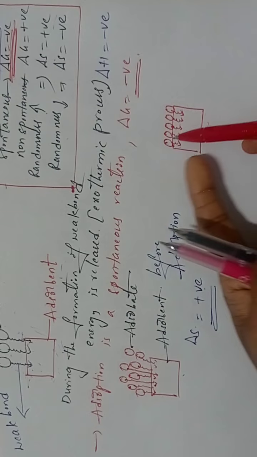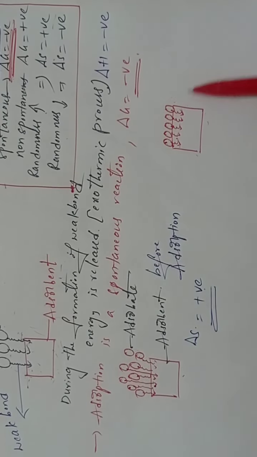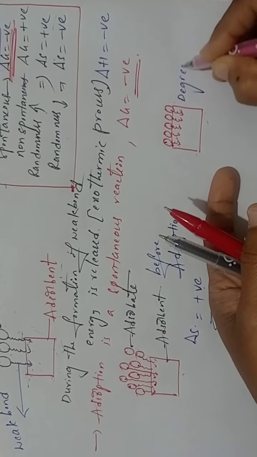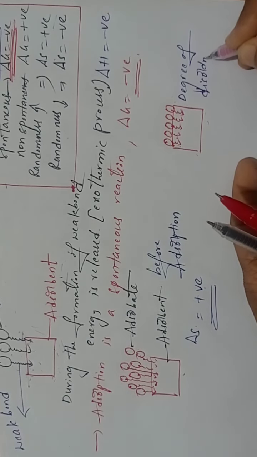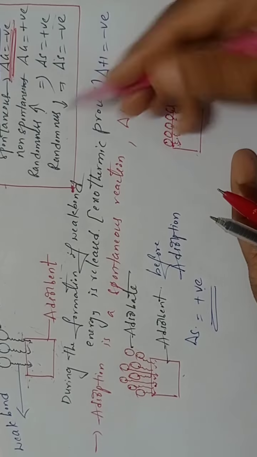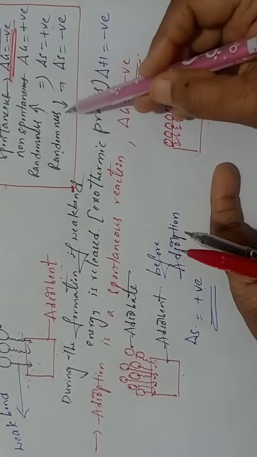They settled, and now they are in order. That means the degree of disorderedness is less, so randomness is less.